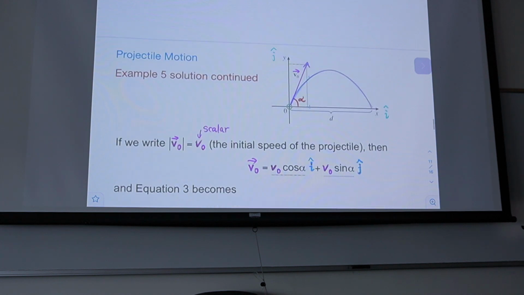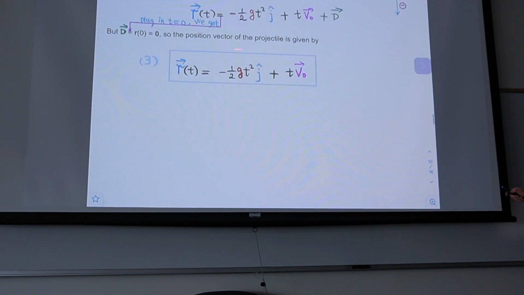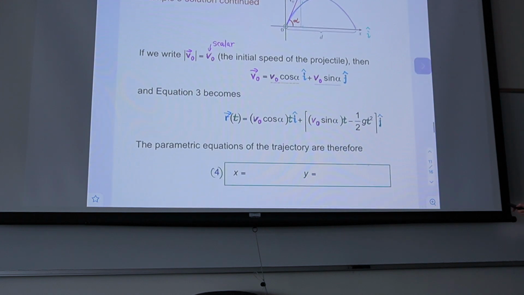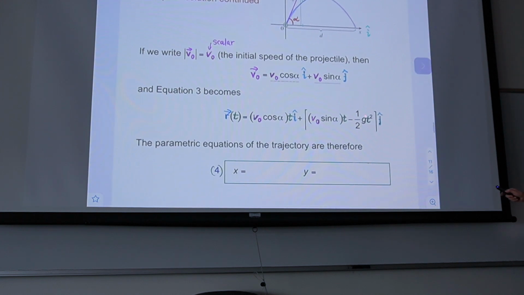Remember we pick this one here, which only has the j component. So that's why the j component will have this, but the i component will have the same as the v naught. So just substitute v naught into equation 3, you got this.